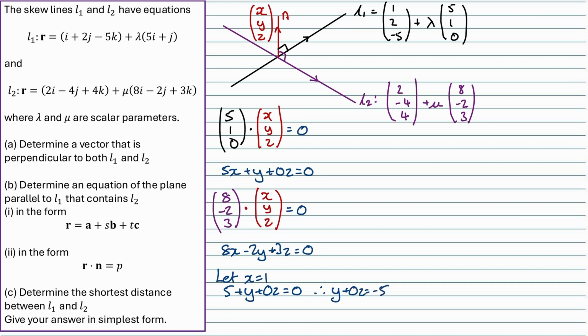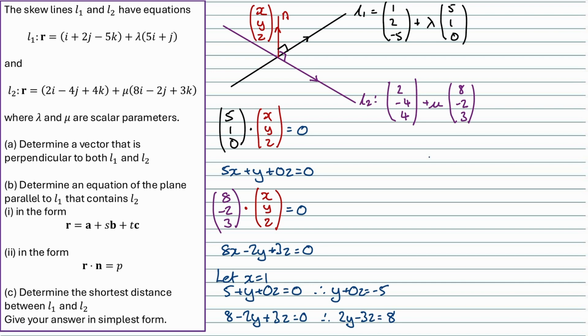And then from L2, if we substitute x equals 1 into here, we'll get 8 minus 2y plus 3z will equal 0. So therefore, 2y minus 3z will equal positive 8. So I've just moved these two terms over to the right-hand side. Now I can solve these two simultaneous equations on my calculator.